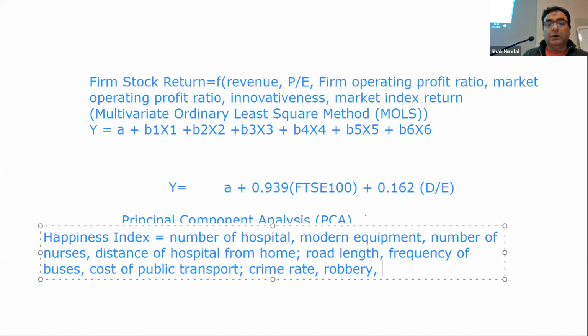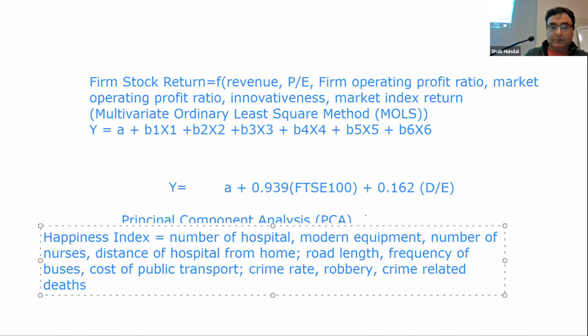Or the number of crime-related deaths, for example. When people read in the news how many people have died in stabbing and these kinds of things, that also determines people's happiness. Are you happy? Are you scared?